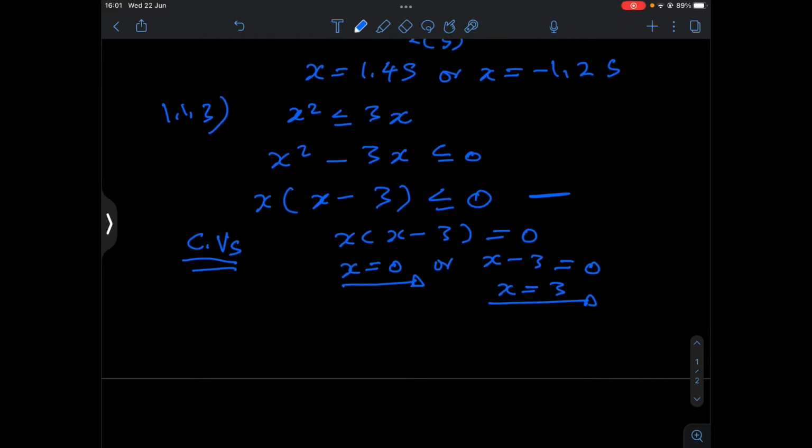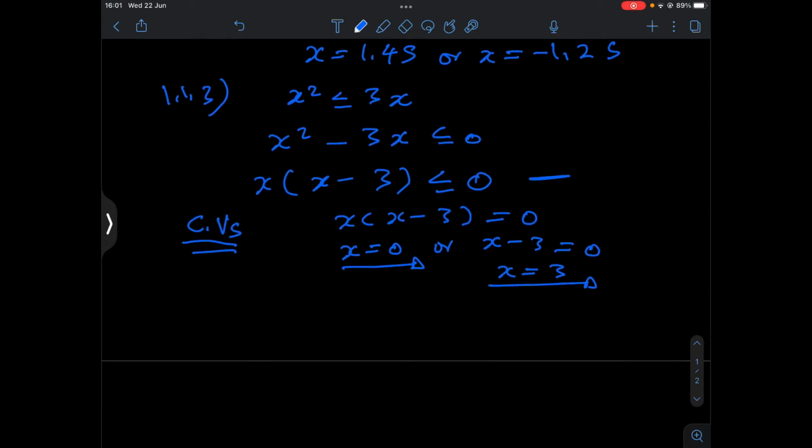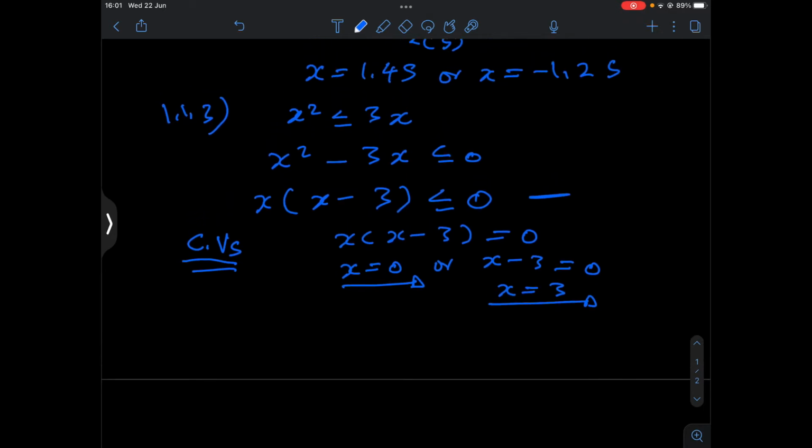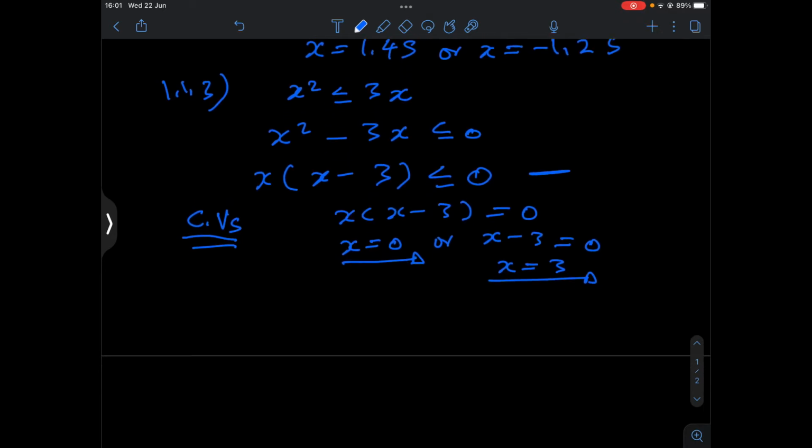So now we are going to use our critical values to solve this inequality. There are 2 ways to solve this. You can either use a number line or you can use the graphical method. I'm going to quickly do both of them.